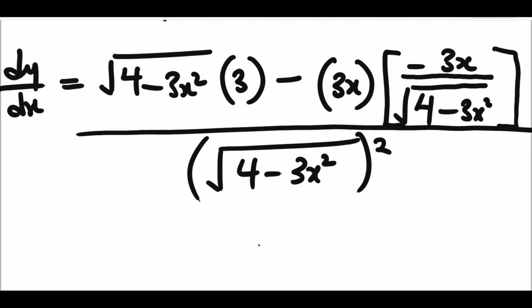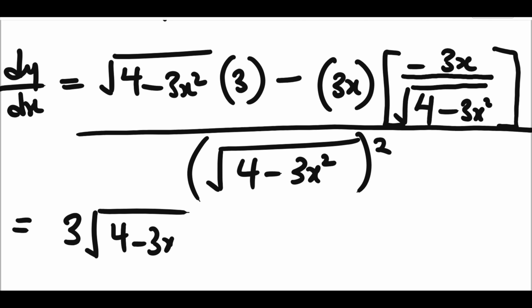So we have our dy/dx. Now 3 multiplying the square root of 4 minus 3x squared gives us 3 times the square root of 4 minus 3x squared. You can see that we have the second part of the numerator: minus 3x multiplying negative 3x divided by the square root of 4 minus 3x squared. The 3x here is the same as 3x over 1, so we multiply the numerator of this fraction by the numerator of this.